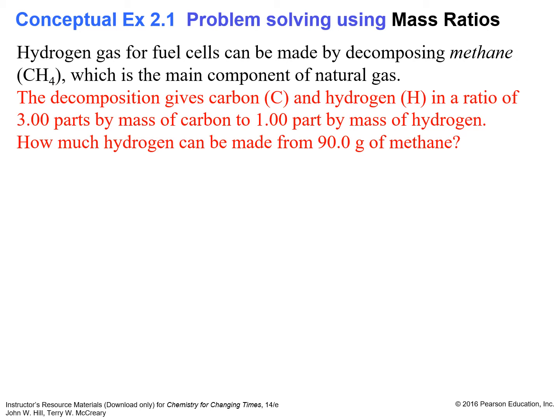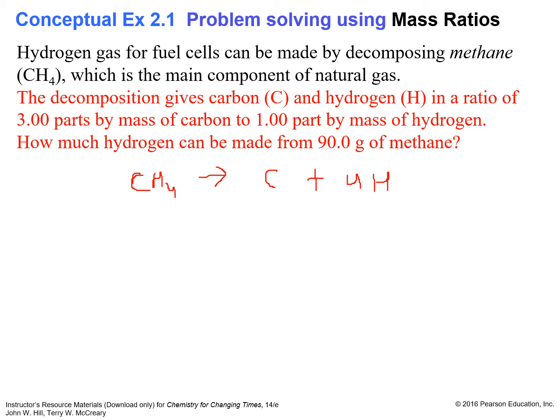So the decomposition is happening like this. Methane, which is CH4, gives you carbon and hydrogen. So 1 carbon and 4 hydrogen. Let me quickly write it. CH4 will decompose to give you carbon plus 4 hydrogen. Just looking at the formula, there is 1 carbon atom on both sides and 4 hydrogens on both sides.